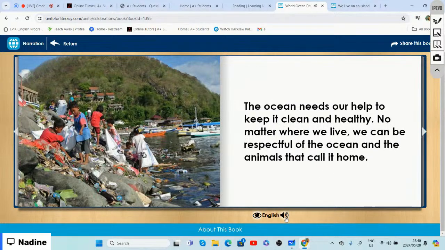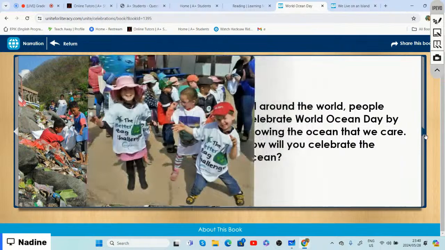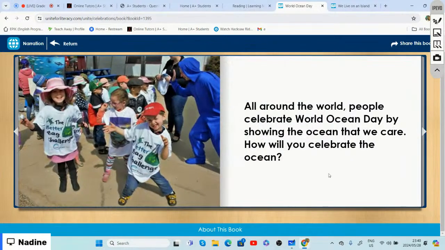The ocean needs our help to keep it clean and healthy. No matter where we live, we can be respectful of the ocean and the animals that call it home. All around the world, people celebrate World Ocean Day by showing the ocean that we care. How will you celebrate the ocean?